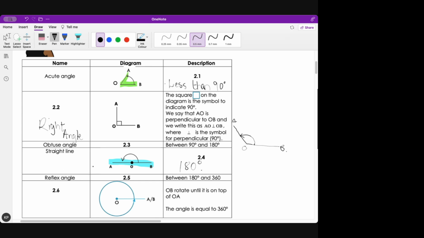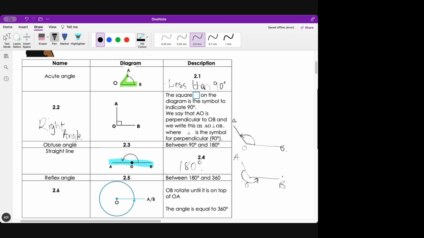Now we go to a reflex angle. Now there's a lot of confusion between obtuse and reflex, but let me show you, okay? Now reflex angle is between 180 and 360, so it can look a lot like an obtuse angle. If I use the same diagram I used here for obtuse, AOB, this time my angle will be on this side because it is much greater than 180.